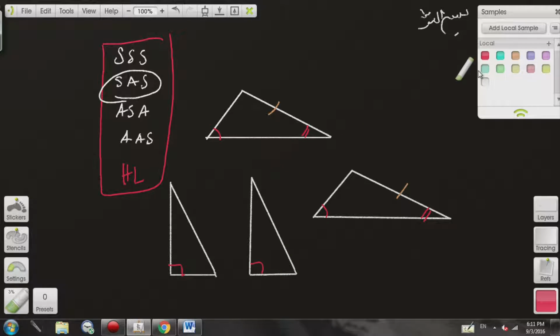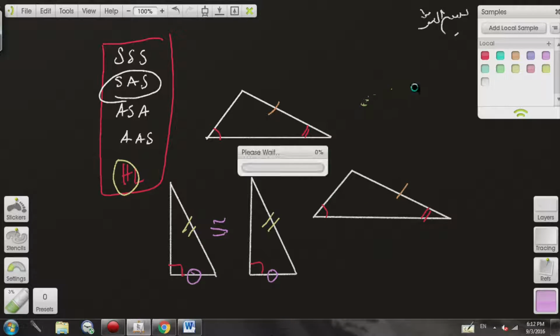Hypotenuse leg says if you have right triangles such that the hypotenuse of the first one is congruent to the hypotenuse of the second one, and one of the legs is congruent to one of the legs of the other one, then these two triangles are congruent. That's hypotenuse leg. So this is how you prove triangles to be congruent.